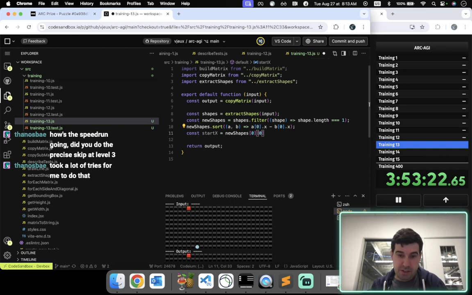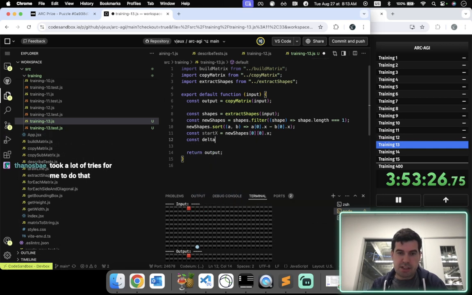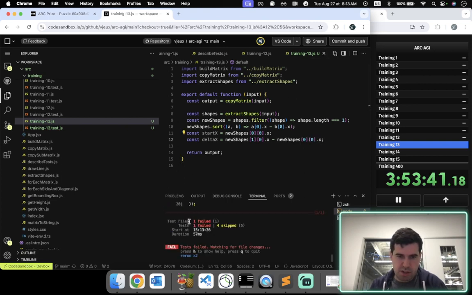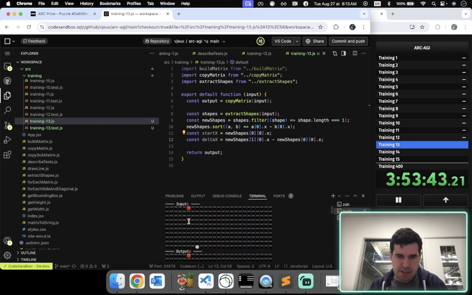So we want the first and the first x. Const delta x equals, so it's going to be the first shape minus, yep, so it's going to be the x of this one minus the x of this one.